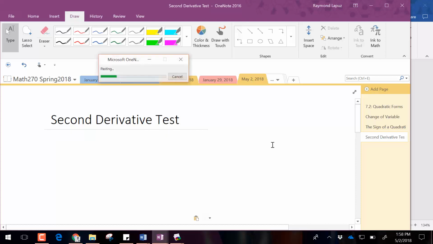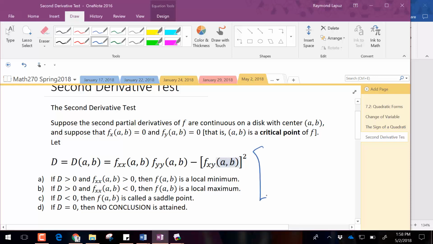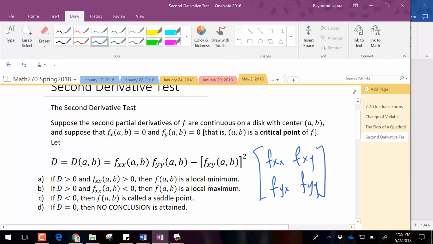The second derivative test in calculus invokes this idea of fxx, fyy, fxy squared. What happens is that this D actually comes from fxx, fxy, fyx, fyy.